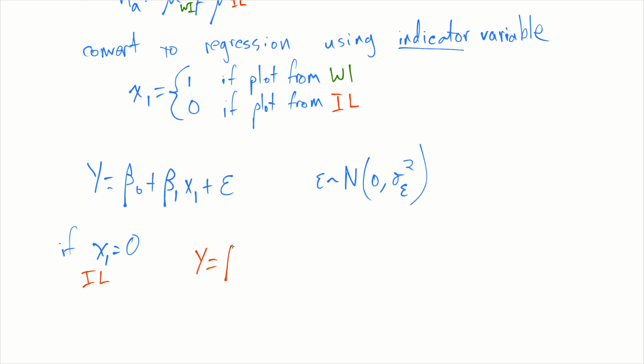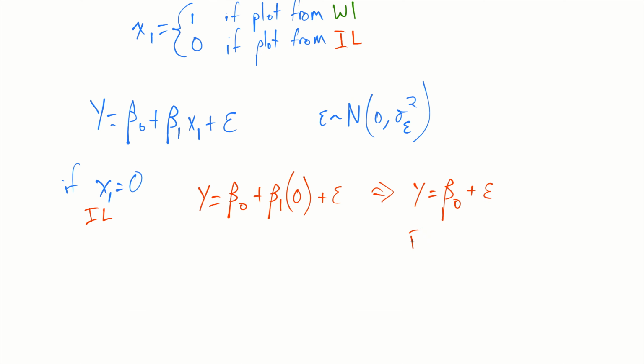Y equals beta naught plus beta 1, and for all the plots where we've measured corn yield that have the identity of being from Illinois, their x1 value is 0. So we'll set this to 0 plus epsilon. So the model simplifies because beta 1 turns to 0: y equals beta naught plus epsilon.